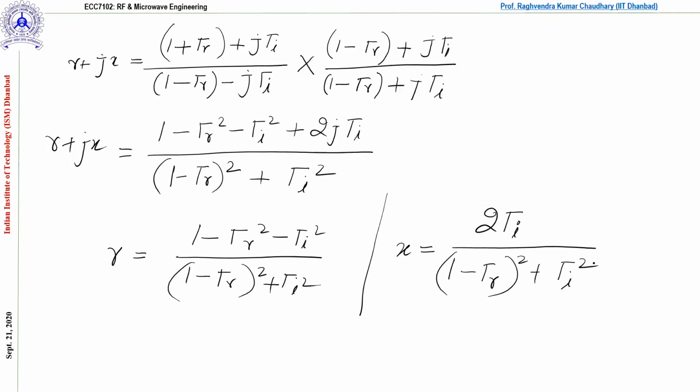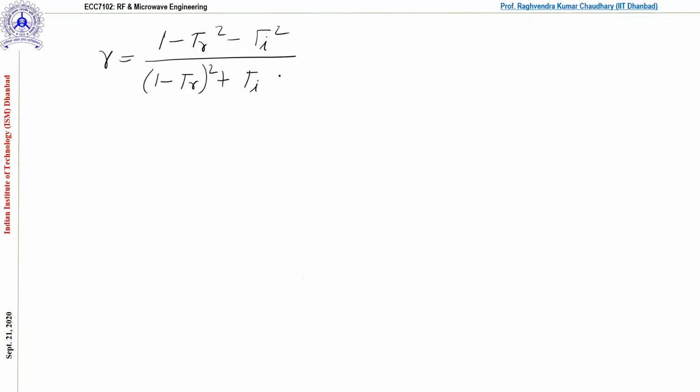Now the thing is, separately we have to analyze these two relations to understand the different circles of the Smith chart. Fine. So I'm taking here the resistance circle. For the resistance circle, I'm taking r is equal to 1 minus gamma r square minus gamma I square divided by 1 minus gamma r to the whole square plus gamma I square.